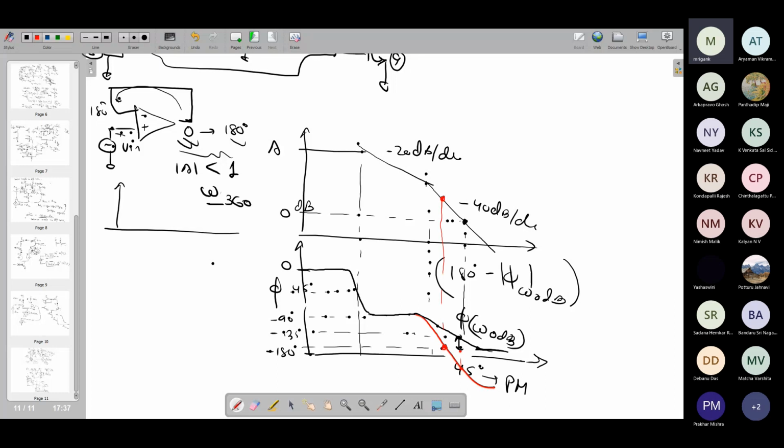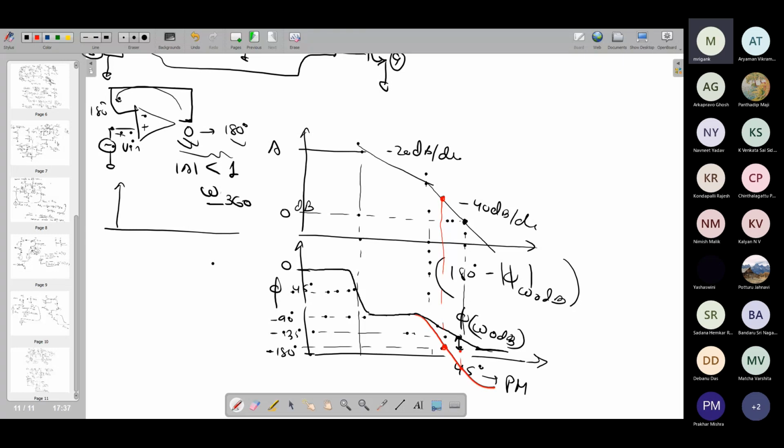That means the system is unstable, right? So that is the condition we are applying for stability: how much margin you still have for more phase shift at omega equal to 0 dB. Is that clear to all of you? Yes, sir.